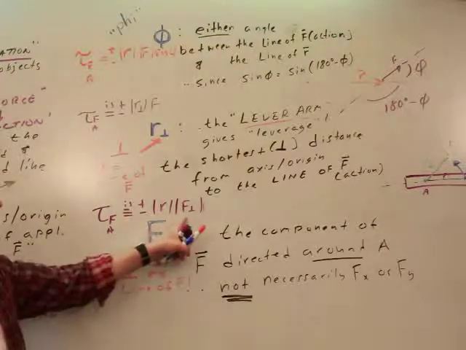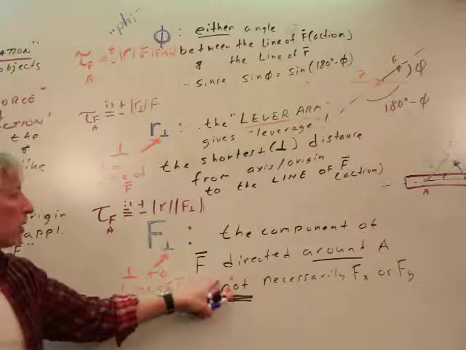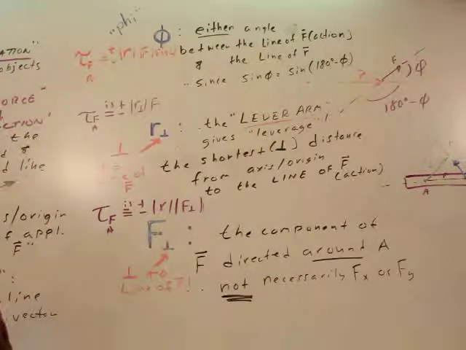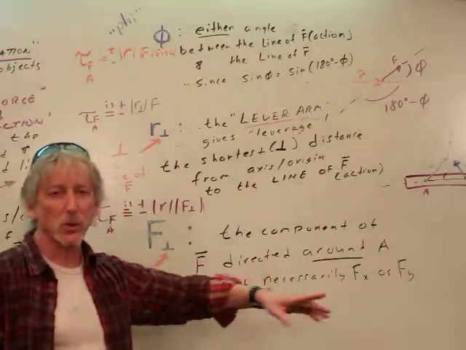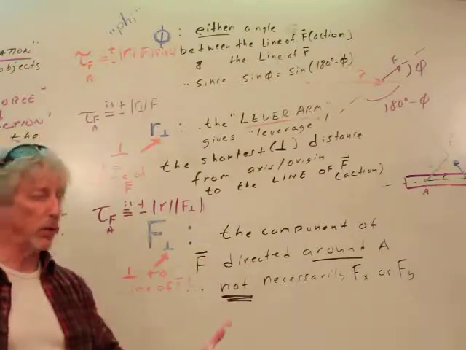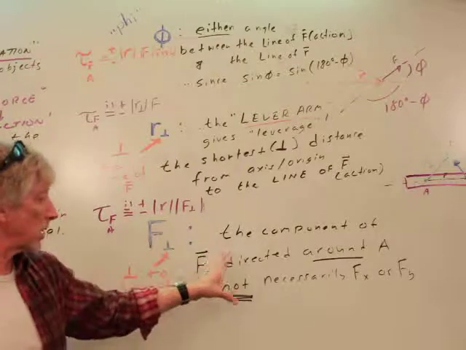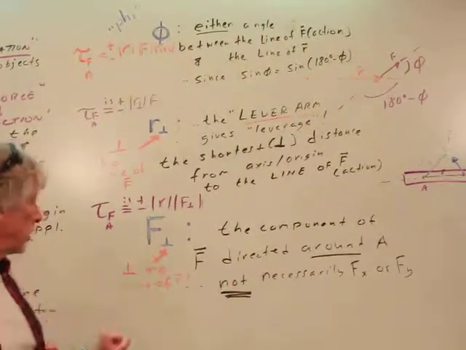So F perpendicular is the part of F, the component that goes around A. It's the part that twists or torques. It's not necessarily Fx or Fy. So when you're adding forces, you've got to break the forces into X and Y components. But here, the part that actually does the twisting, F perpendicular, is what gives you the torque.